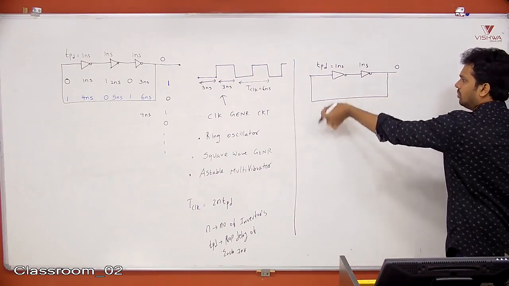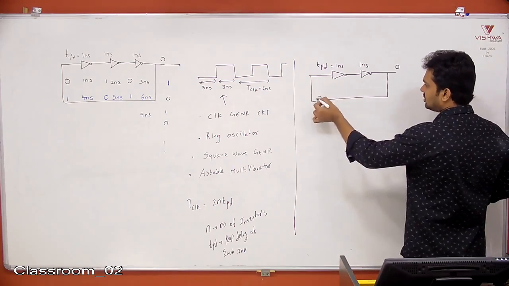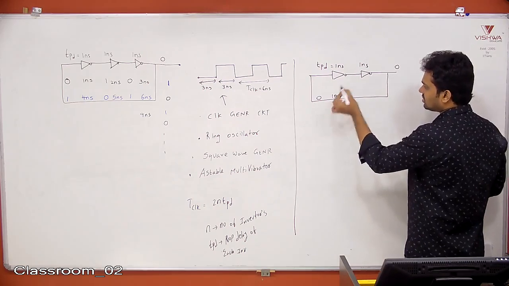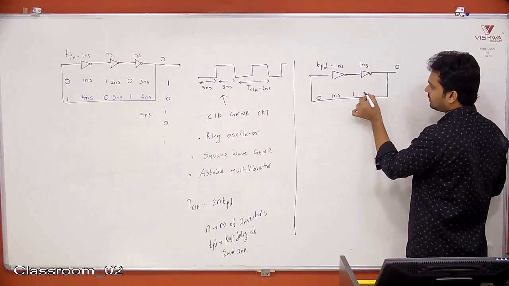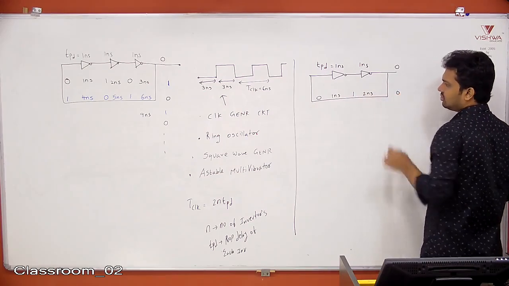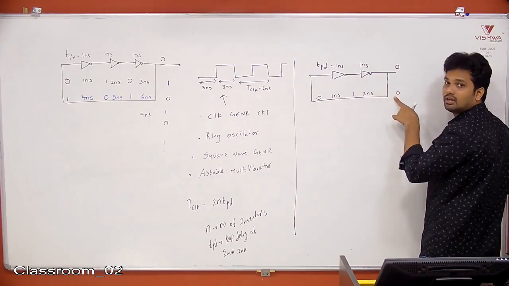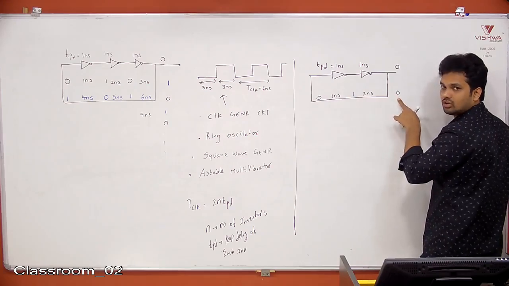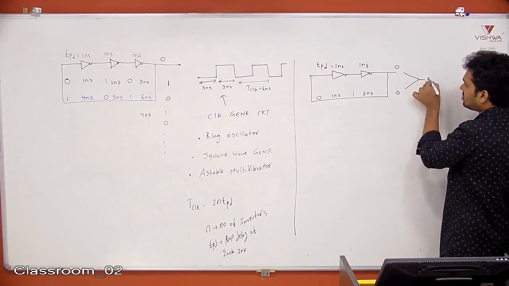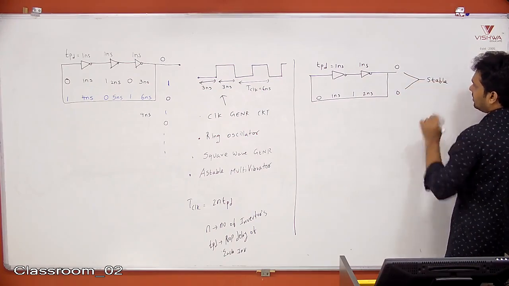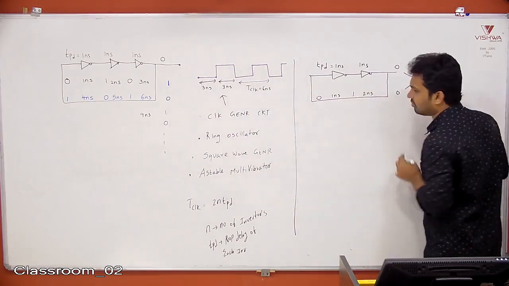After 1 nanosecond, what is my output? 0 inversion is 1, 1 inversion is again 0. Your output is at 0 going back, and what is coming back? 0. It will go back and come back as 0, or you can say output is not changing. It is constant or stable at 0. Previously toggling, but here it is stable at 0.